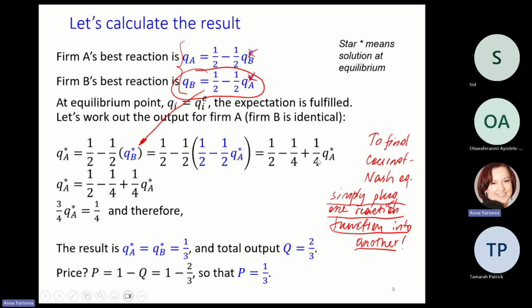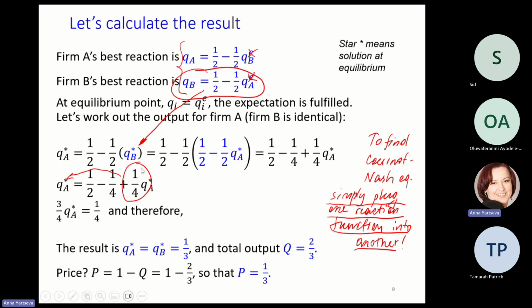And we still have QA. So simply open the brackets. And this is a very simple expression. Now we've got this equation. QA is equal to this amount. Simple equation with this single unknown. How do we solve it? We move all terms with QA to one side. So we take this term and move it to the left-hand side. And whatever numbers we are still left with will be kept on the right-hand side.